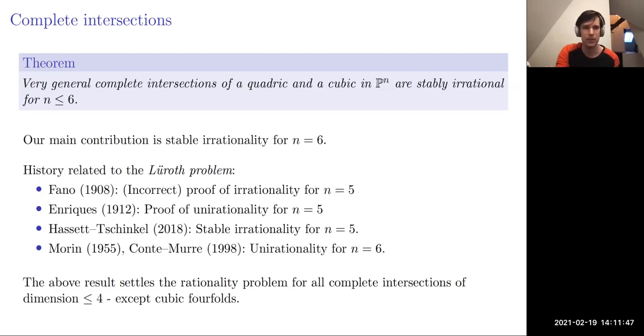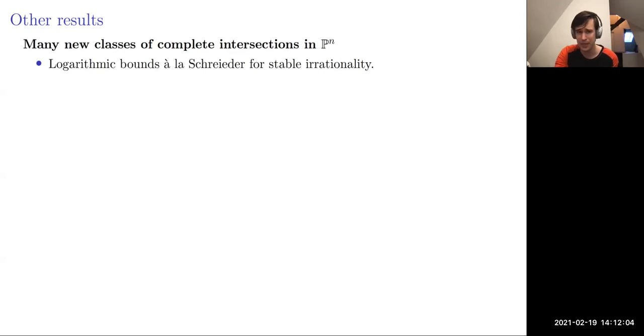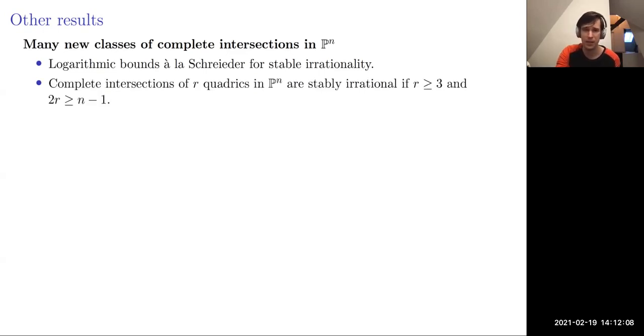Okay, so I'll tell you a little bit about this proof towards the end if I have time. And just to give you another flavor of this paper, we get many other new results on complete intersections.